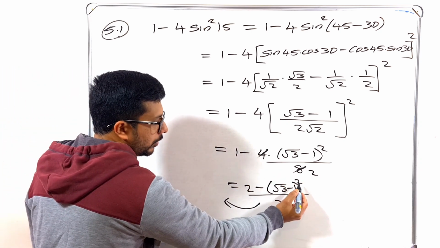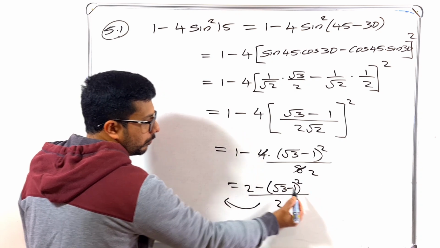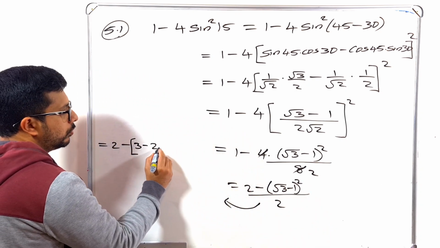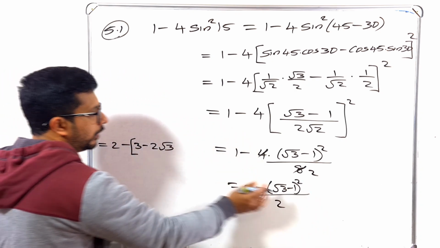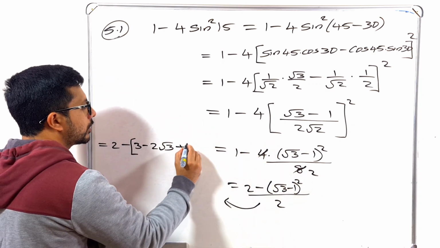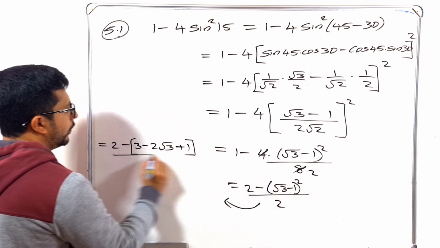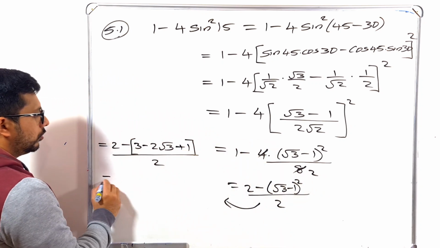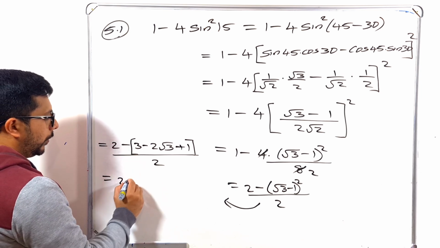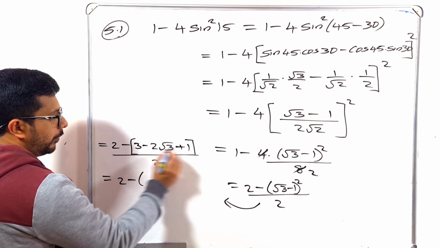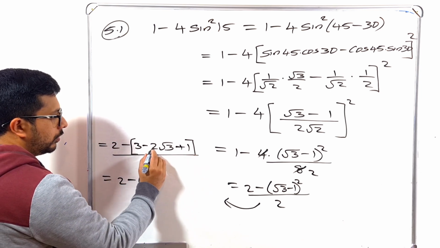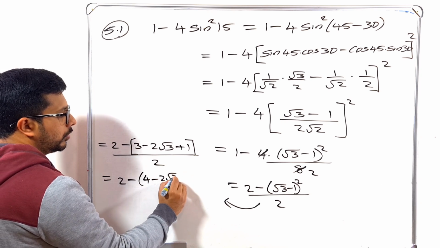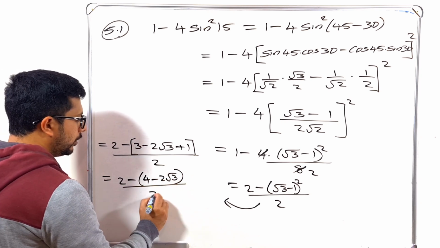Then expand this one, 2 into root 3 into 1, that is minus 2 root 3. Then minus 1 square, that is plus 1, divided by 2. So it is 2 minus 3 plus 1 is 4 minus 2 root 3 divided by 2.